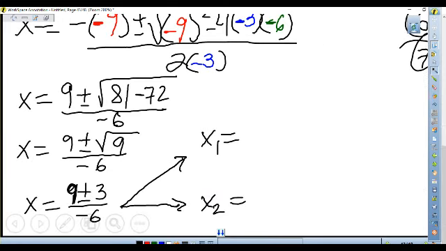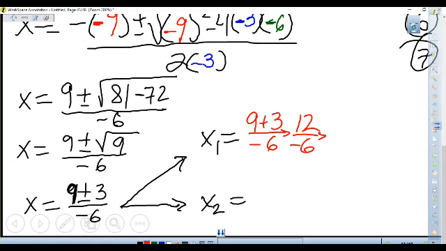X sub 1. I'm going to get it from here. 9 plus 3 over negative 6. What is 9 plus 3? 12 over negative 6. What is 12 divided by negative 6? Negative 2.